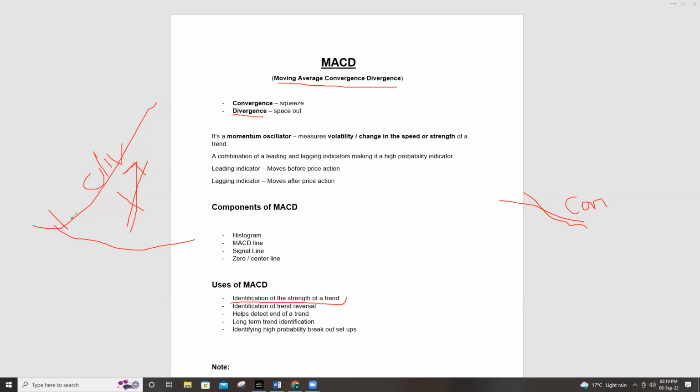So the MACD line and the signal line, let me change these colors. By now, I'm sure you know that I am really good with drawings, but I'm gonna try. So let's say that's my MACD line, and this is my signal line.